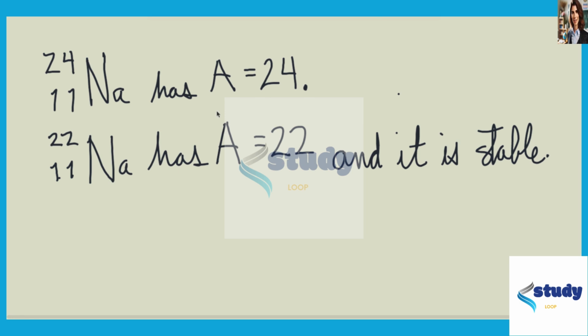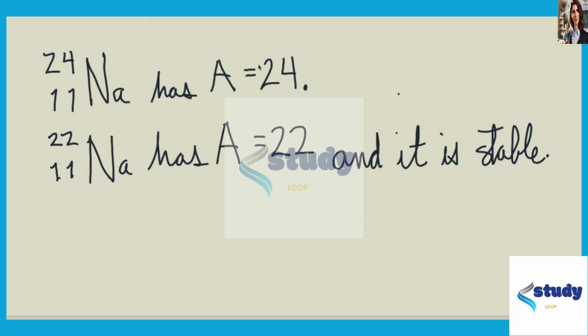For sodium 24, it has an atomic mass number of 24. But if you look at the stable isotope of sodium, it has an atomic mass number of 22.